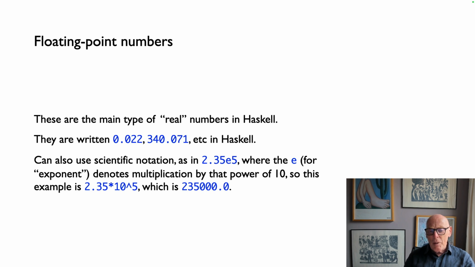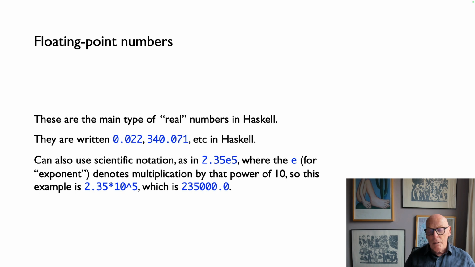So if we write 2.35e5, that means 2.35 times 10 to the power of 5, which is 235,000.0, because here we're dealing with floating point rather than whole numbers. So that's a more compact way of writing things down.